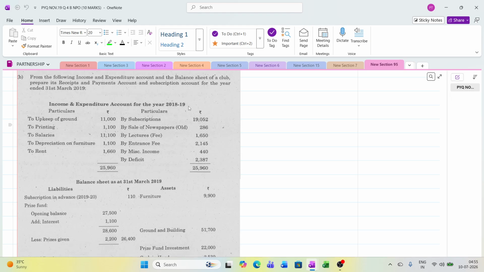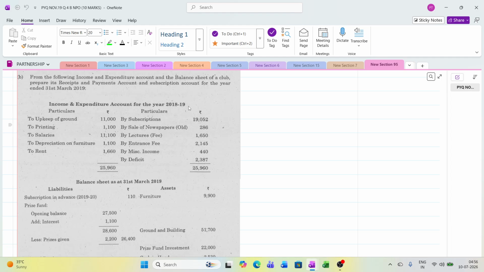But the income and expenditure account works on accrual basis, and only revenue items are recorded. When I say it works on accrual basis, whether payment is made or amount received or not doesn't matter. Here, it should pertain to the current accounting year.